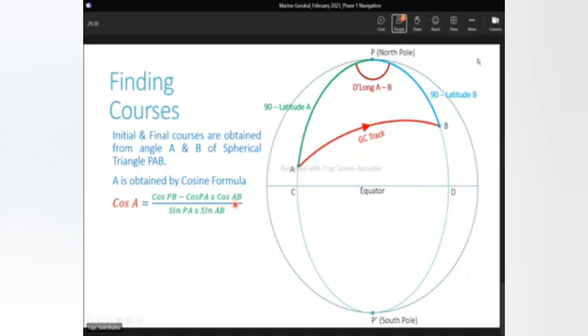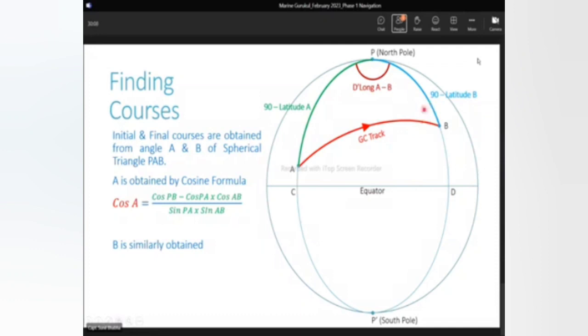We converted into whole minutes to find out the great circle distance, but whenever we use side AB for any calculations, we do not use the minutes format, we use the degree minute format. So once the formula is applied, the angle A can be easily obtained. Once angle A is obtained, we move on to angle B now.